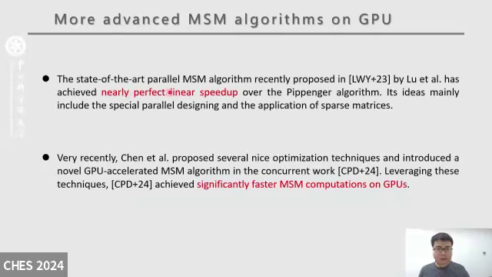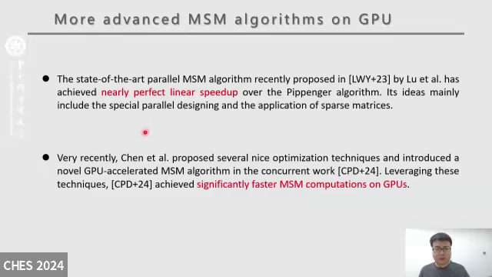The state-of-the-art parallel MSM algorithm was recently proposed in this paper by Lu et al. It has achieved nearly perfect linear speedup over the Pippenger algorithm. Its ideas include a special parallel design and the application of sparse matrices.